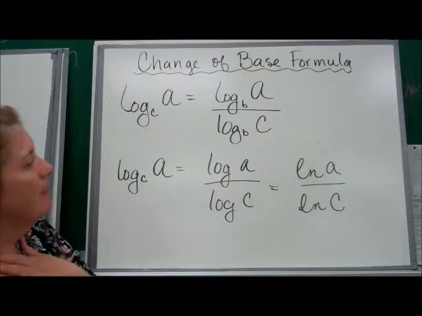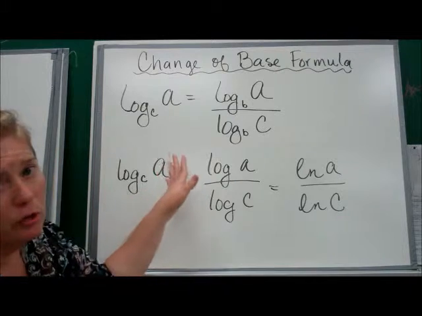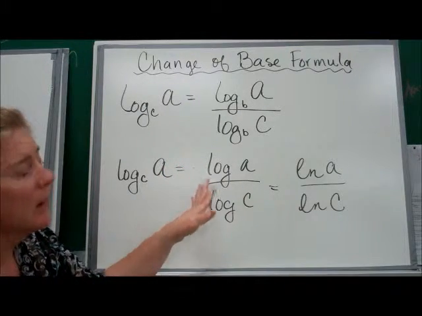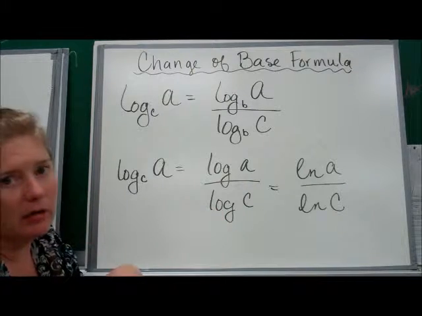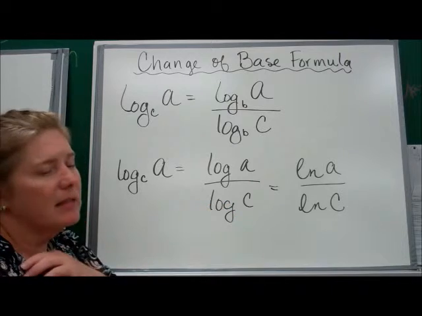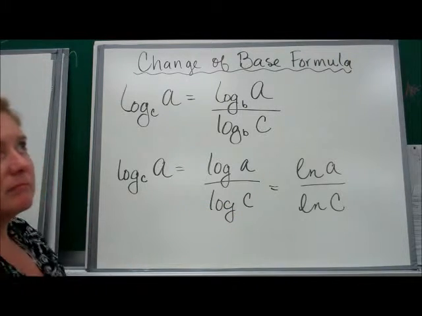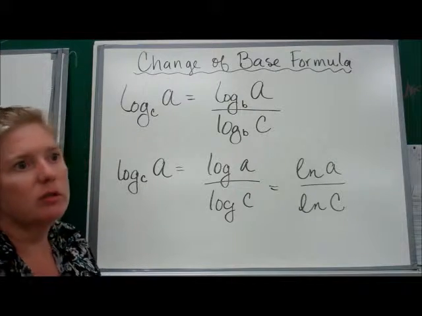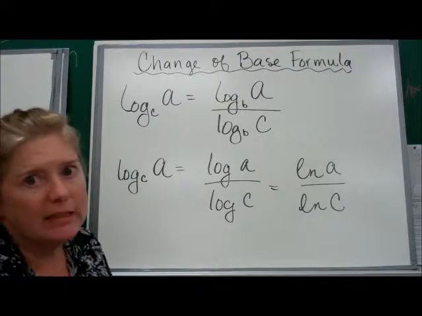The only time I ever use this change of base formula is when I want to use my calculator to help me evaluate the log, because it's not like I'm asking log base 3 of 27. It's log base 3 of 14.